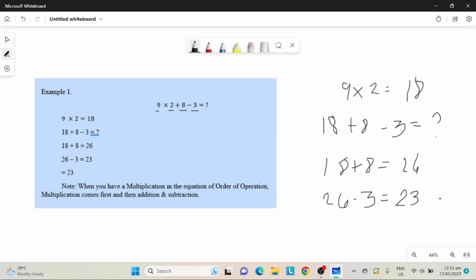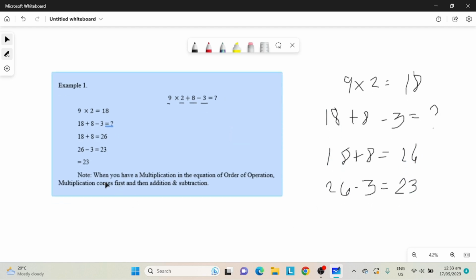So first things first, do the multiplication because it is more prioritized than addition and subtraction. When the given doesn't have any more multiplication or division, you do the addition and subtraction.